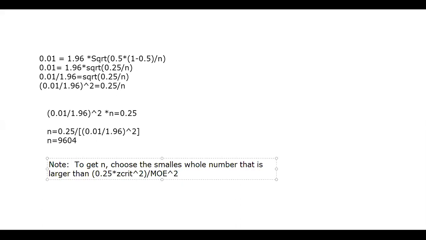So you should get the same thing that we did above using that formula as well. So we could do 0.25 times 1.96 squared divided by 0.01, oh, sorry, 0.01 squared, and you'll get the same thing.